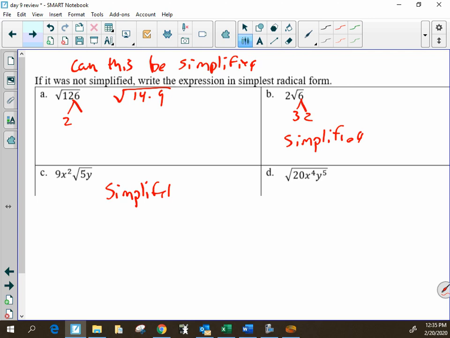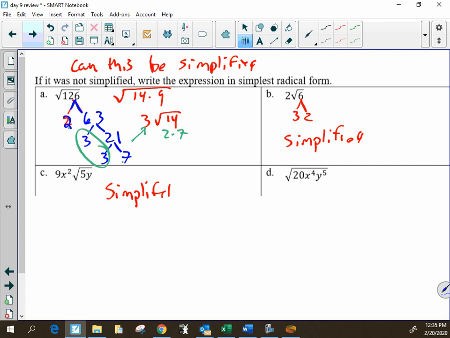So that's 3 times the square root of 14. But if you've done it using the factor tree, this is 2 times 63, which is 3 times 21, which is 3 times 7. And so we have a pair of 3's, and that's what goes on the outside. But then these 2 numbers didn't find partners, so you have to multiply them back together on the inside.